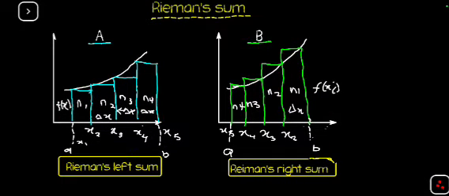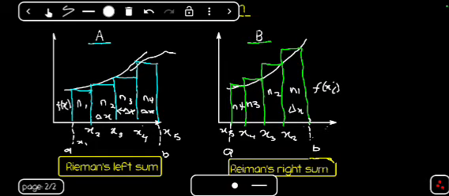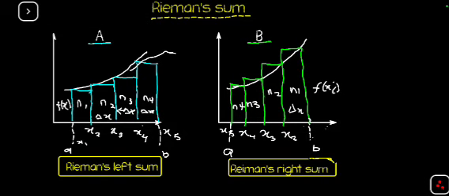Why? Because these rectangles are not giving us this area which is below the curve. So this is why we call it underdose.